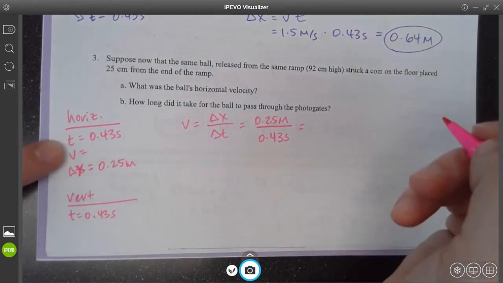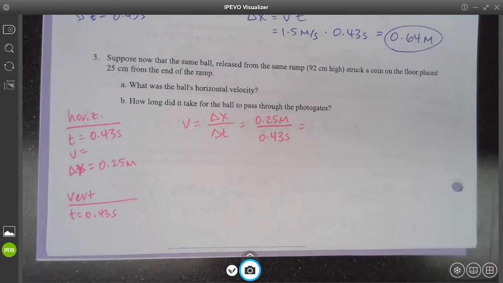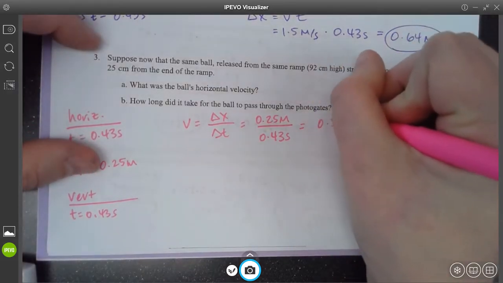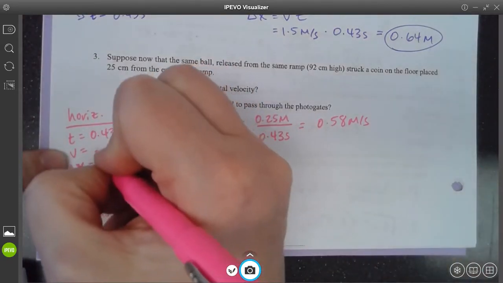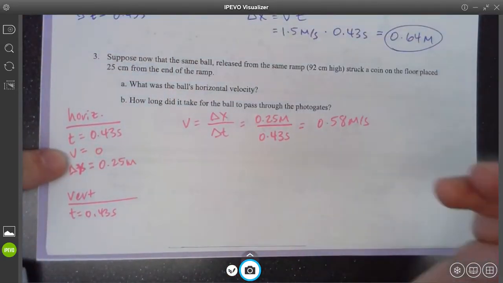Let's see if I got this right. A little gut check because I think this is where I screwed up before. 0.25 divided by 0.43. And I got 0.58 meters per second.